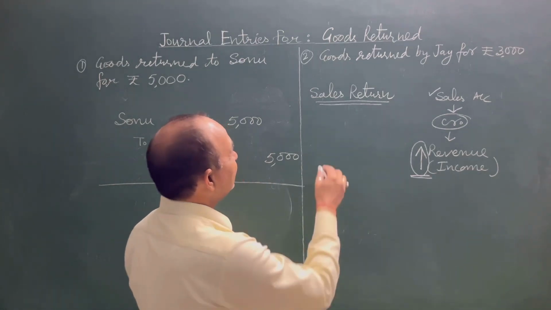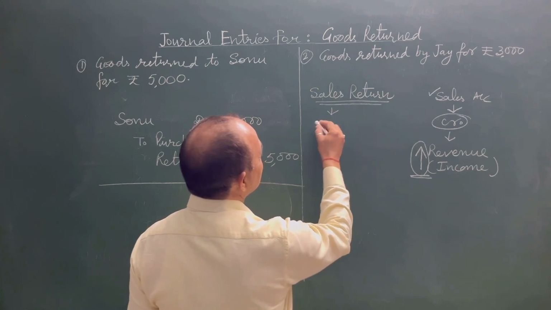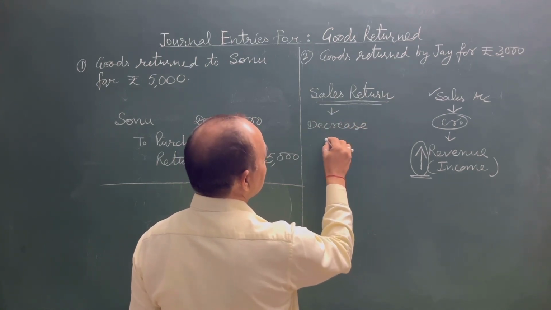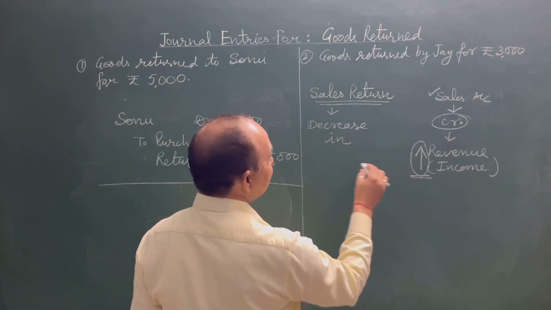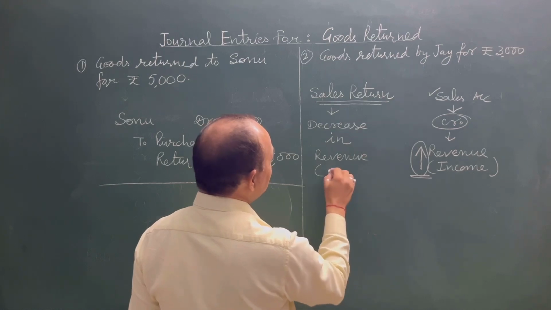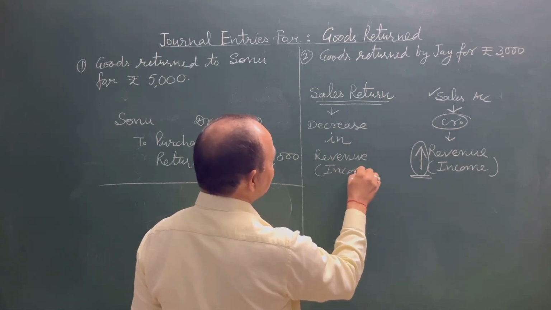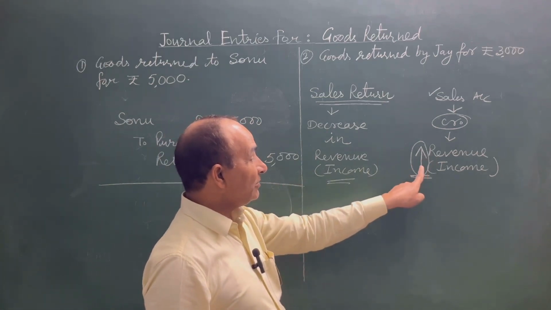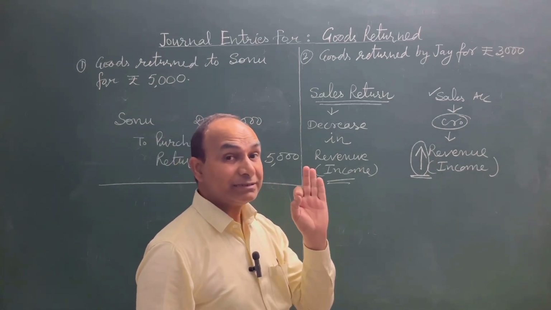And sales return results in a decrease in revenue of the business, income of the business in simple terms. And you know that when revenue or income increases, it is credited.